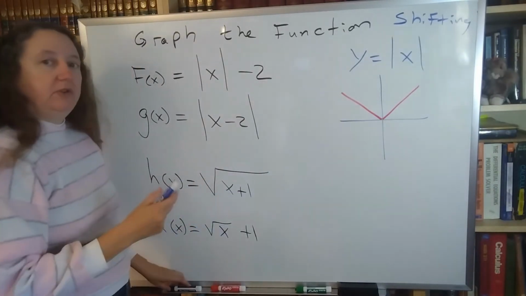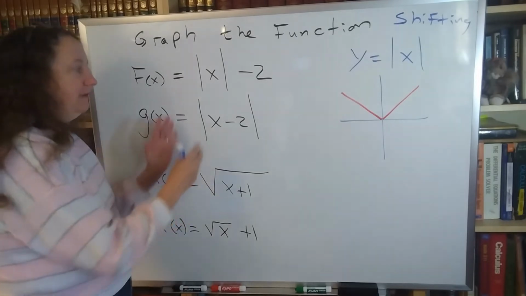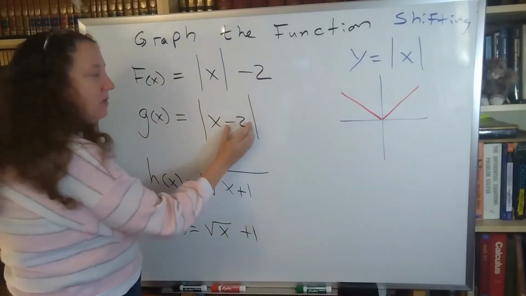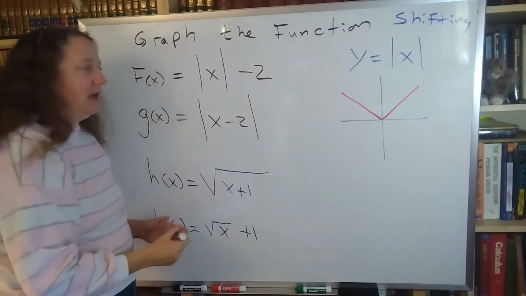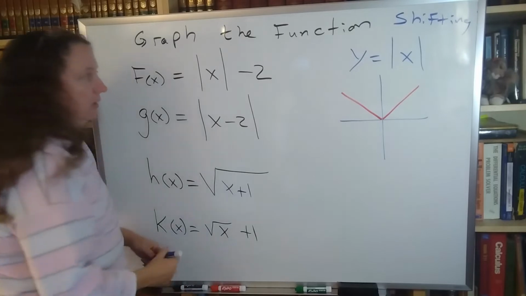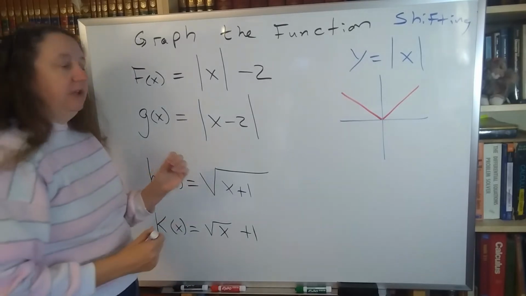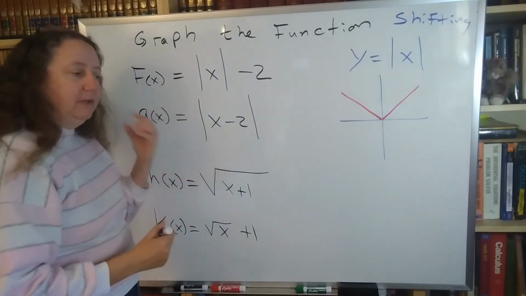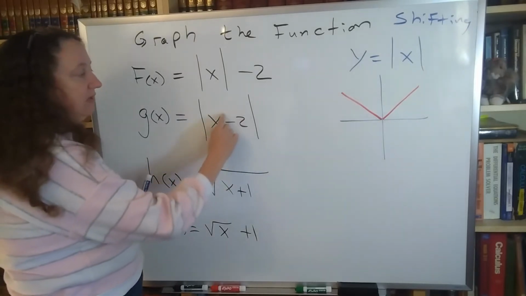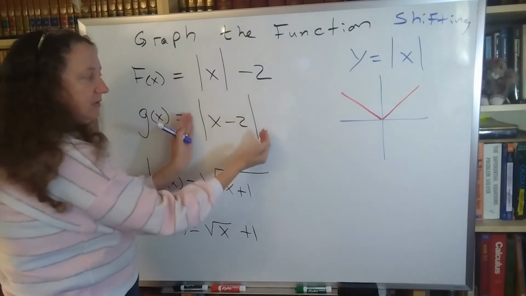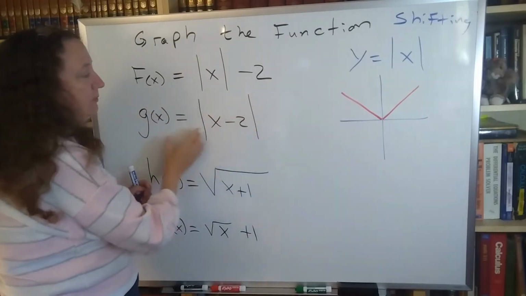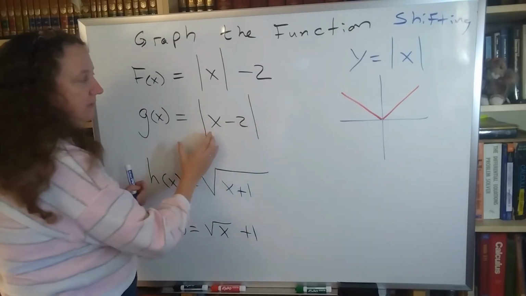And then if we want to take that and shift it, we will have to know, how do these numbers modify that graph? An easy way to think of this is, if the number is inside the parentheses, and absolute value bars are a type of parentheses, then that will move your graph left and right.